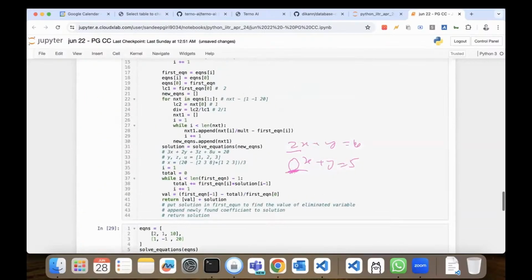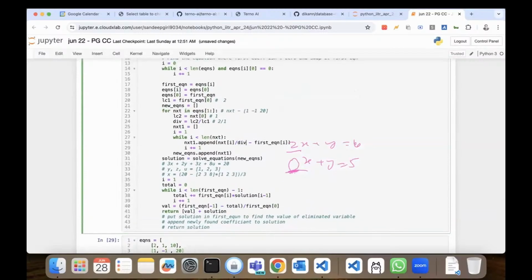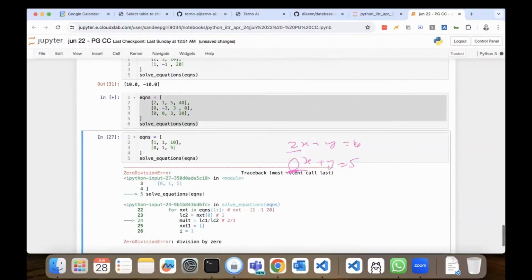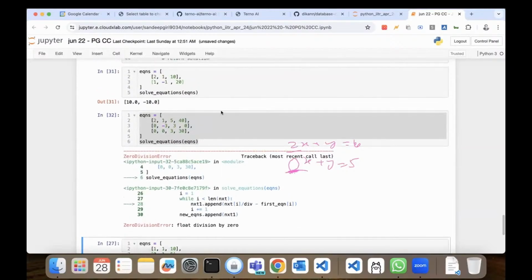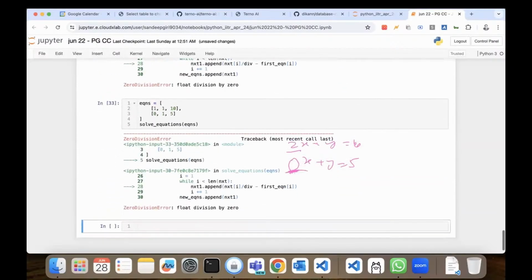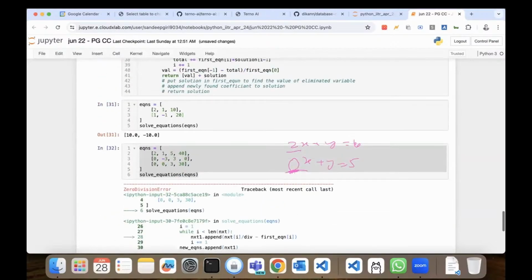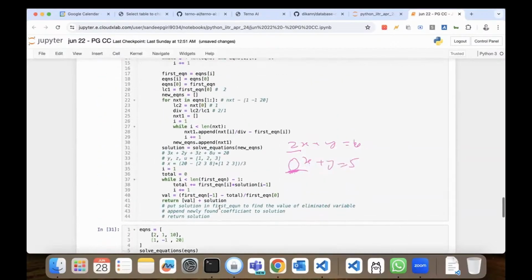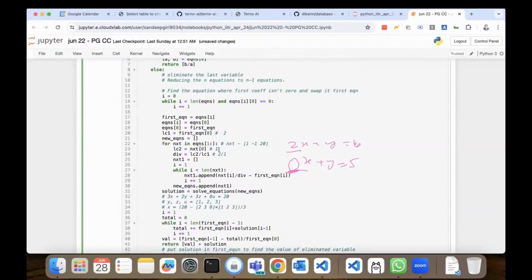Okay. And where did it go next? All right. Again, it's not doing well. Wait. So what I'm trying to do is LC2 divided by LC1.